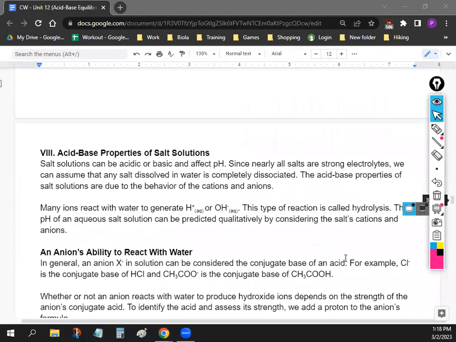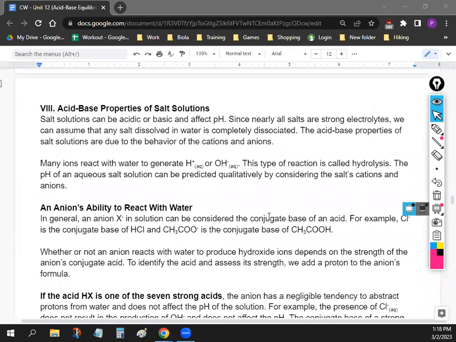Okay, so we're gonna move on to the next section. I know this is a lot of text, but I'm sure you guys are doing all your reading, right? Basically, when you have a salt, and we're not talking about table salt, but we're talking about salt that's created when an acid and a base react with one another.